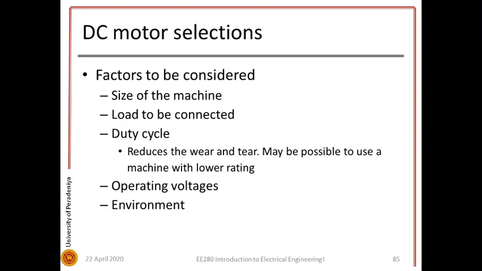So if you have a higher duty cycle, then it is going to wear and tear quickly, and if it is not working regularly, then it is going to reduce the wear and tear. Then you need to look at the operating voltages and the environment in which you are going to use the DC motor.